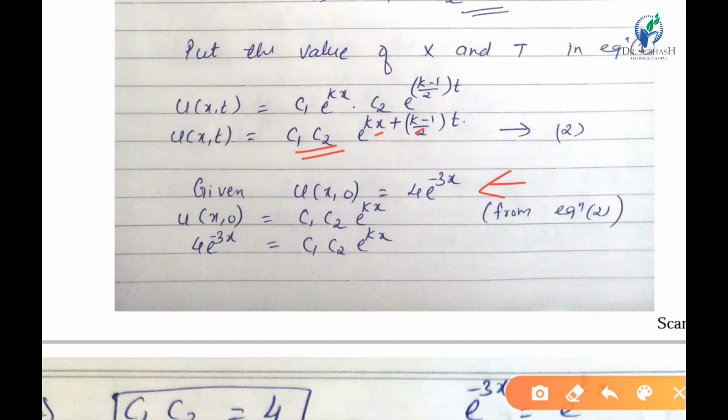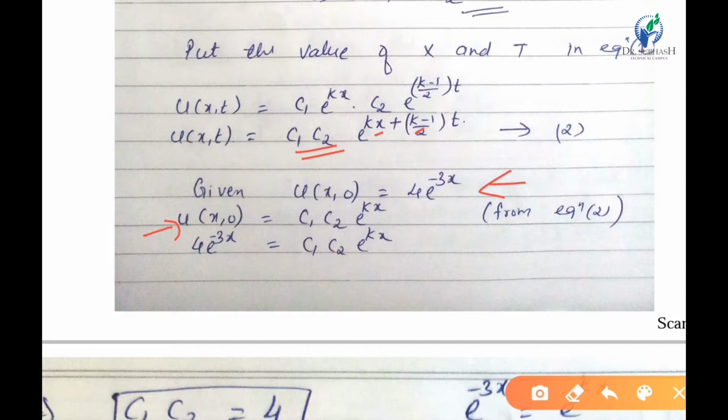According to initial condition, we are given u of x 0. That is, we have to put 0 in place of t in equation 2. Again I repeat, we'll put t equal to 0 in equation 2. So we get here u of x 0 is equal to c1 c2 e raised to kx.